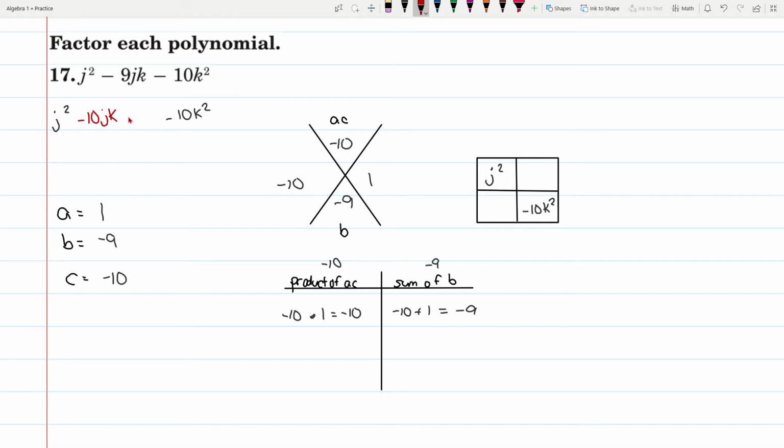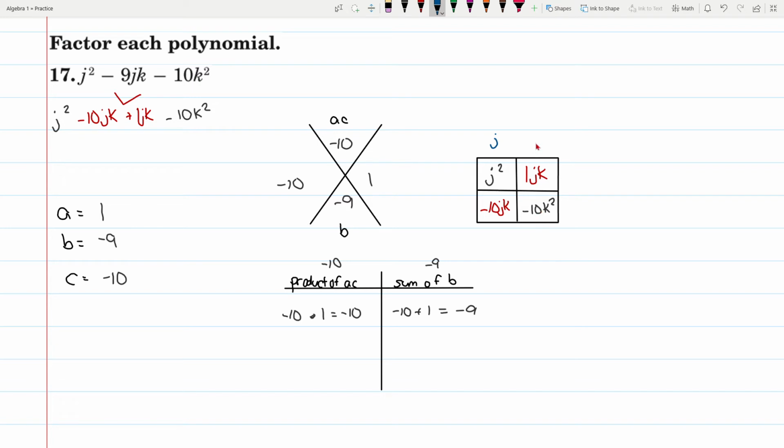And so if you're wondering, well, what's going in the other two boxes? This was j squared minus our 10k squared, and all we've done is replace this -9jk with a -10jk plus 1jk. And so that's what we're putting in here. A -10jk with a 1jk. And so as we factor this thing out, it's going to look a little bit like it normally has. Here, it's going to be a j.